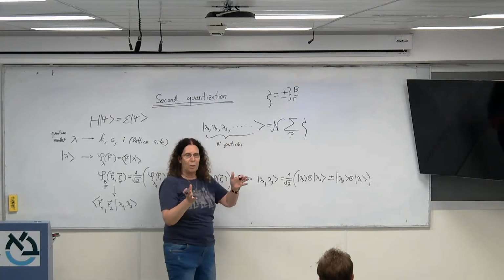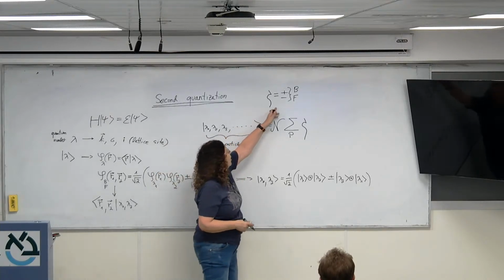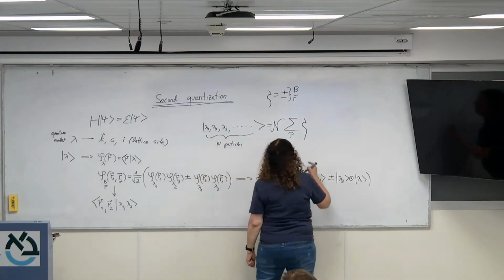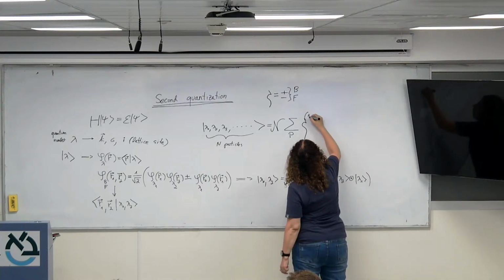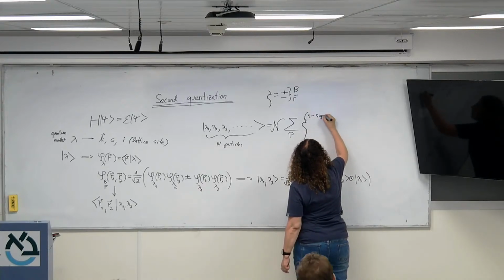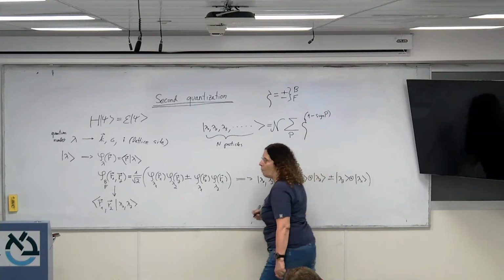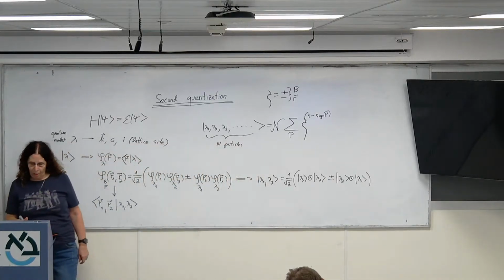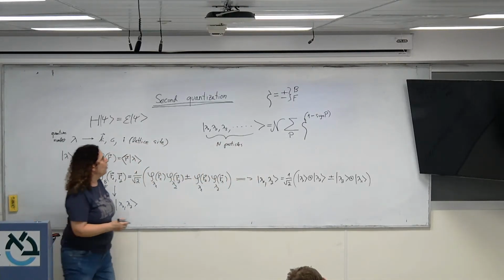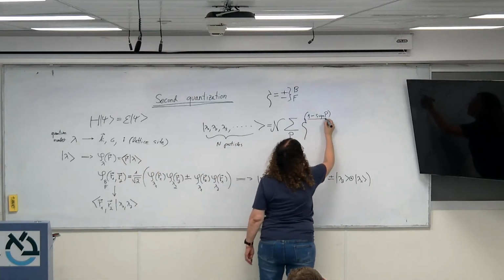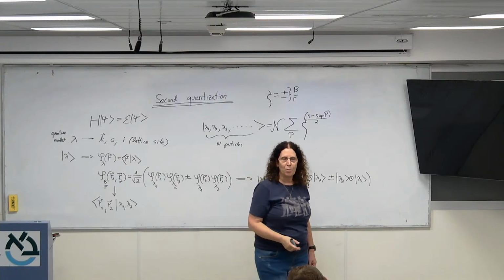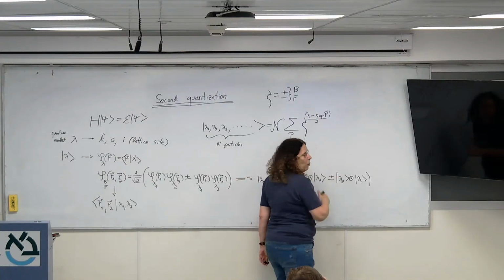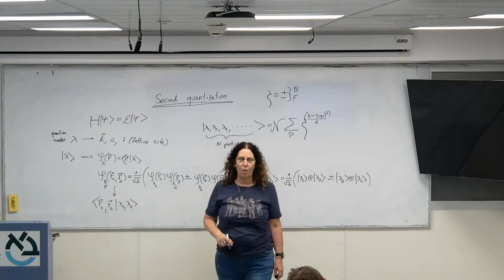If you want to write something compactly, you use this index, and then there's going to be a zeta to the power 1 minus the sign of the permutation, I think, yeah, with a factor of half, so that actually you get either 1 or 0. Okay? And the sign of the permutation is whether it's odd or even.